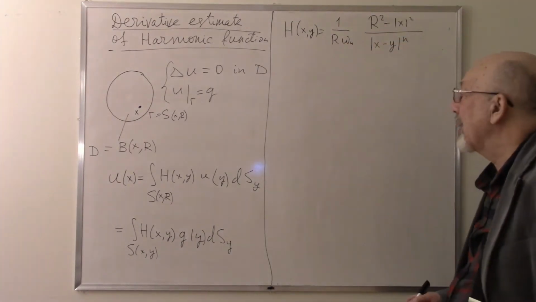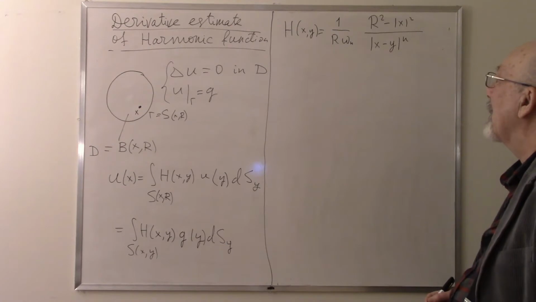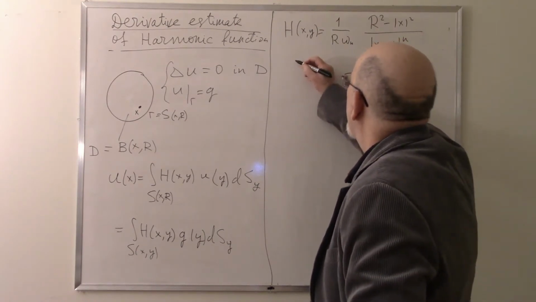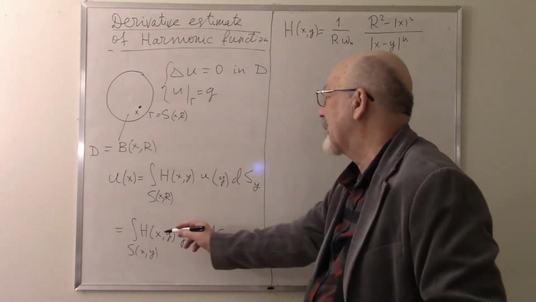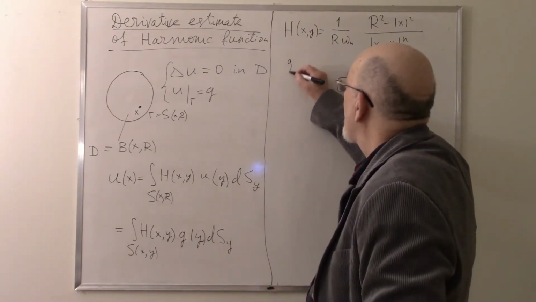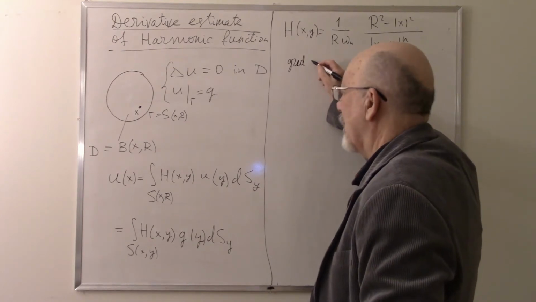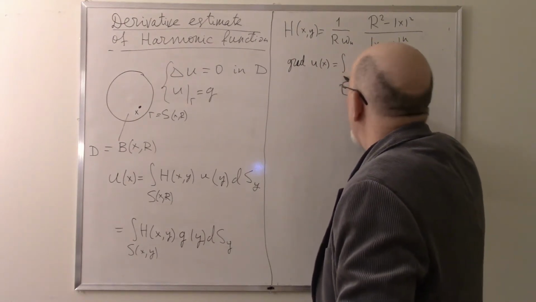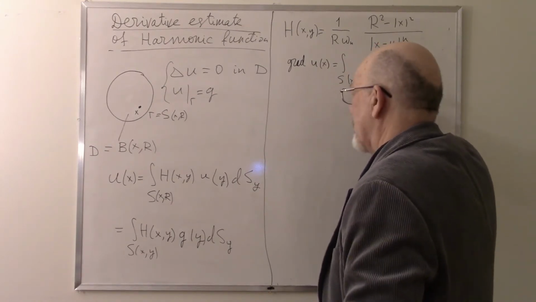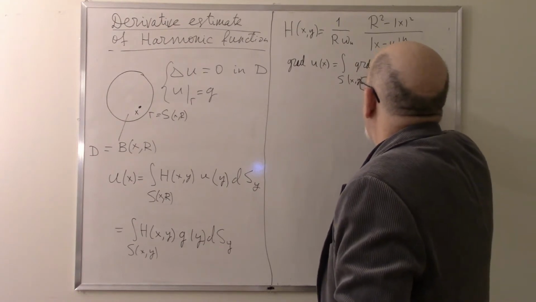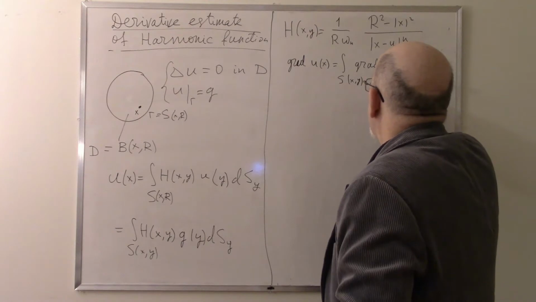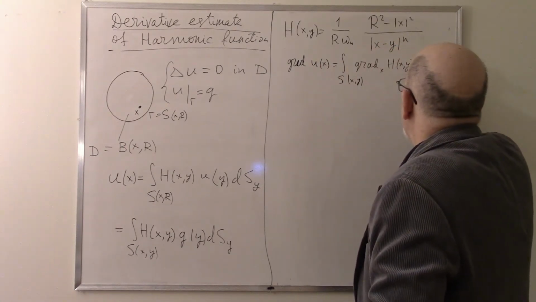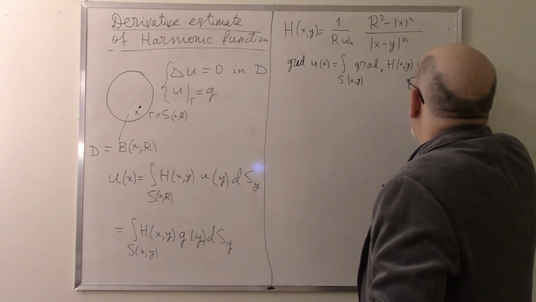So I want to find the derivative of this h, because if you differentiate this with respect to x, the gradient of u of x equals the integral over S(x, y) of the gradient with respect to x of h(x, y) times u(y) dsy.